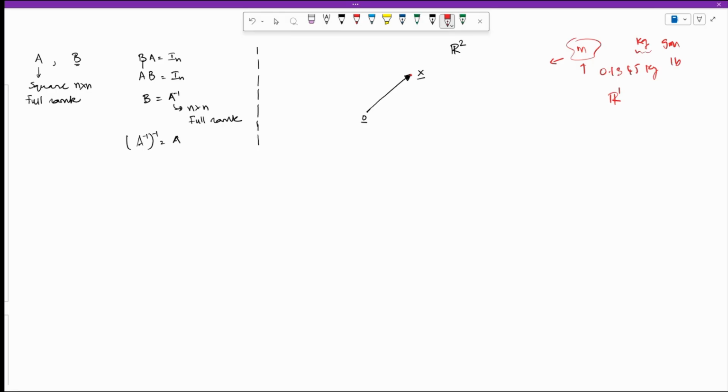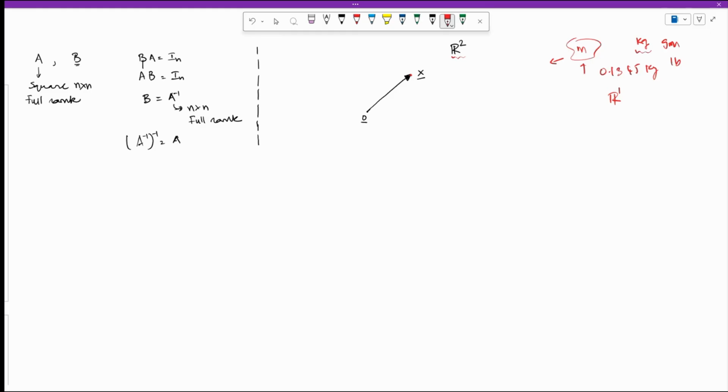Now, if you're talking about more than one number, then we're talking about R2, R3, Rn, and so on. A place where we would use R2 is, for example, to represent this point in space. That point is fixed. What number you assign to that point depends on what reference or scale you use.